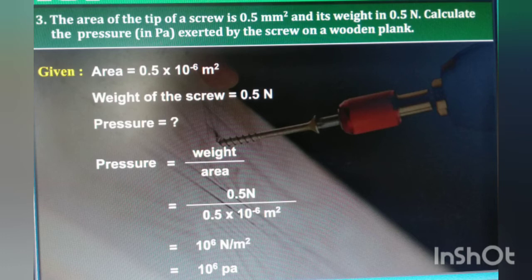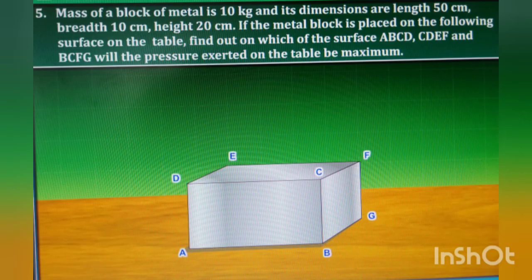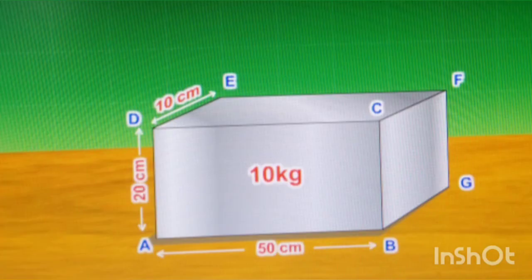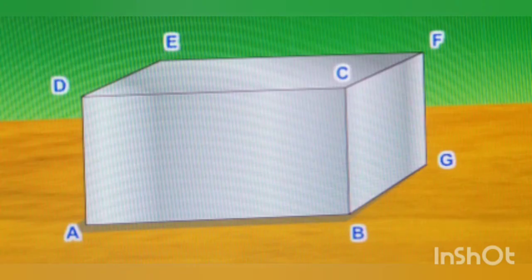Fourth example. Mass of a block of metal is 10 kg, and its dimensions are length 50 centimeter, breadth 10 centimeter, height 20 centimeter. If the metal block is placed on the following surfaces on the table, find out on which of the surfaces ABCD, CDEF and BCFG the pressure exerted on the table will be maximum.